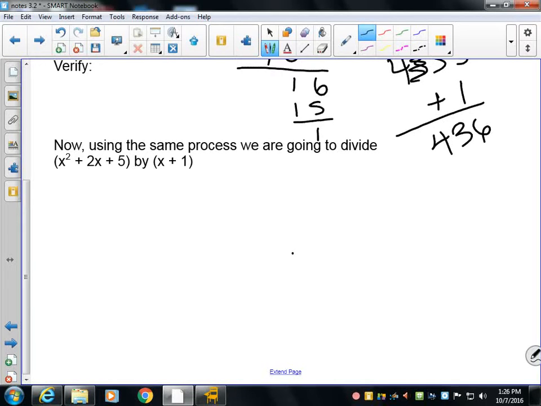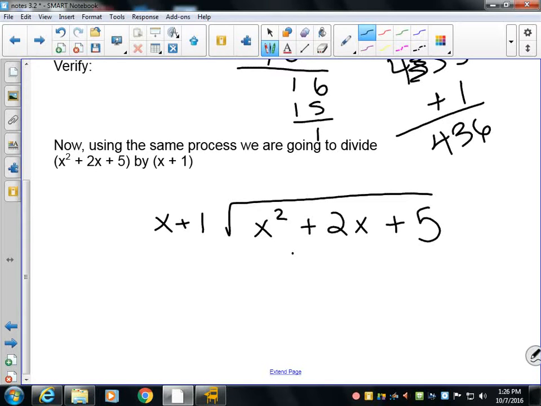So, are you ready? On this side, I was just checking to make sure that I did my division right. So I can write this as x plus 1 divided by x squared plus 2x plus 5.